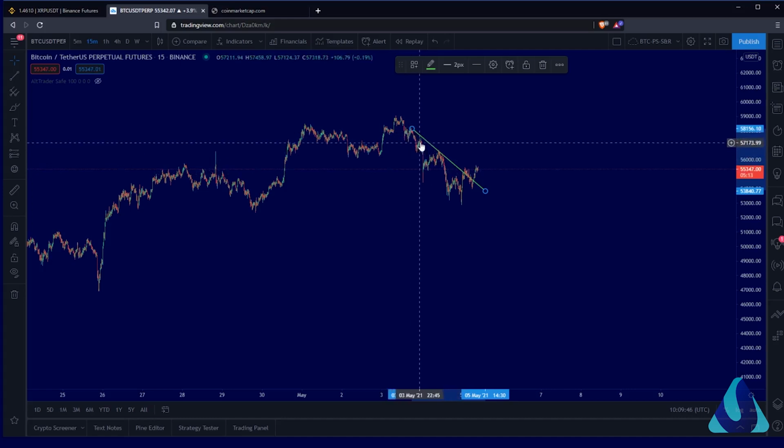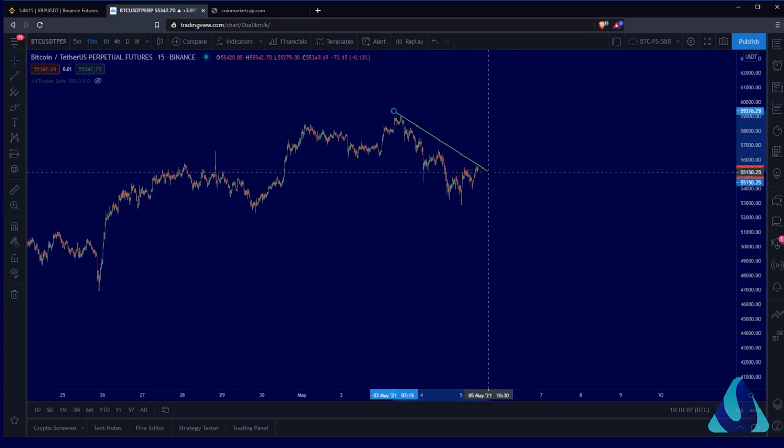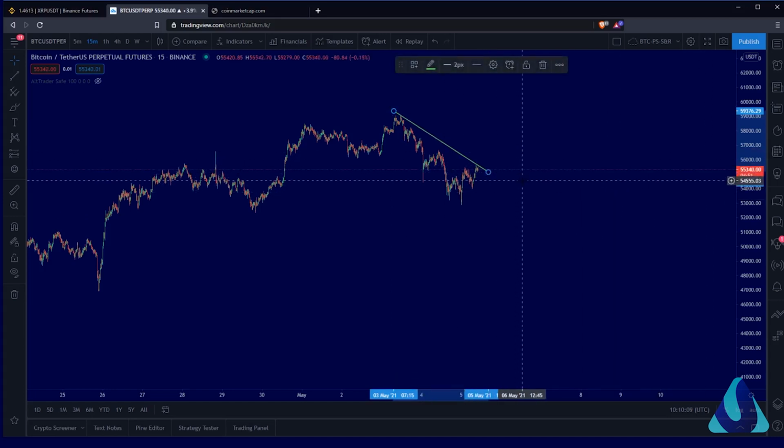So there's 1, 2, 3, 4 areas of selling potential. Even when it hits this point and comes through, it still breaks down and comes here. Finally, it breaks through. So what we could either do is look at it from this perspective, where we're still seeing a downtrend. This could be an area of some kind of resistance.